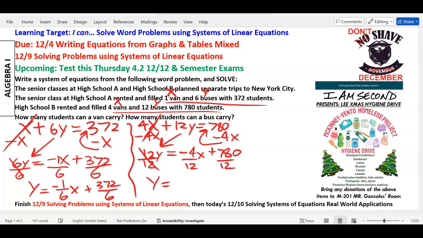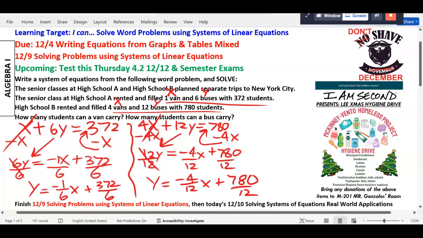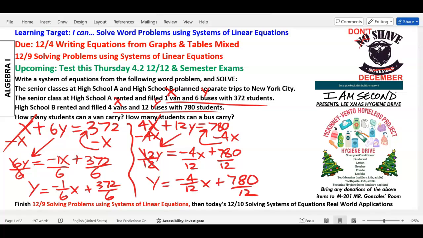Y equals negative 4 over 12x plus 780 over 12. Okay. Then we need to graph it. So these fractions are not reduced, okay? But you don't have to reduce them to graph them. You're just going to type it in the way you see it. As long as it's y equals, it'll be good.